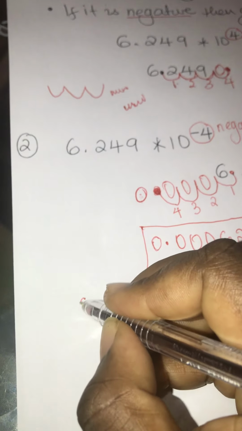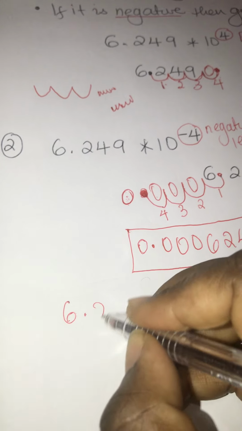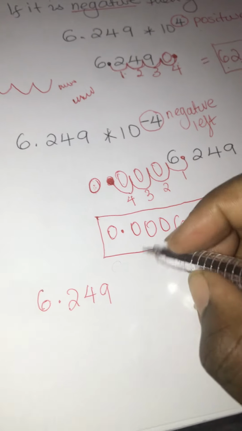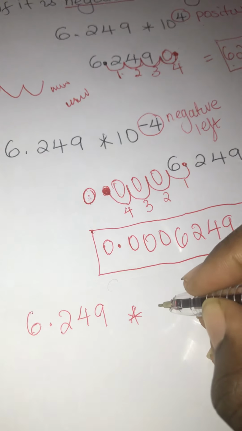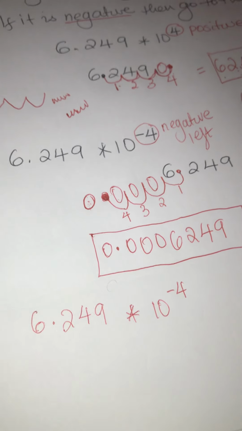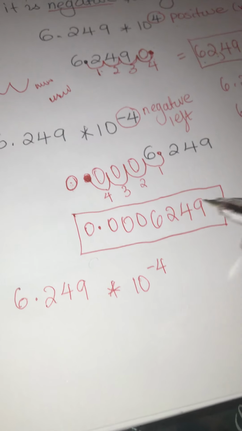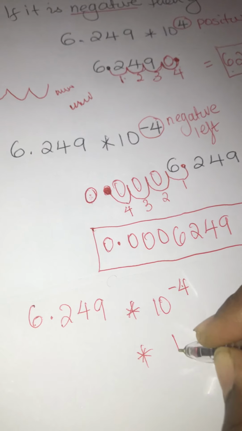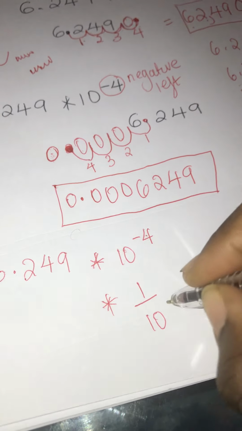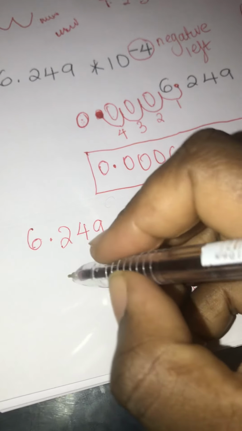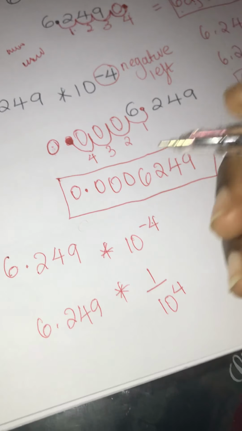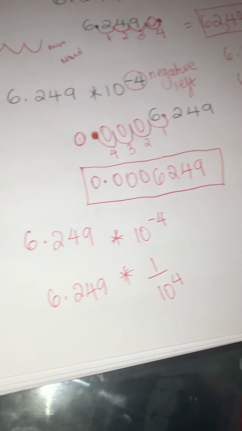Okay, let's do this a different way. So that becomes 6 and 249 thousandths times 10 to the negative 4 power. What does this mean? Remember, we said when our exponent is negative, it becomes a fraction, 1 over 10 to the 4th power times 6 and 249 thousandths.